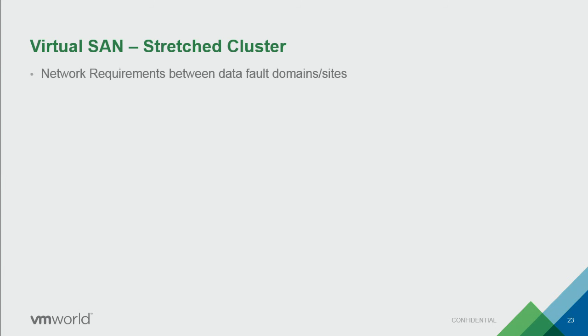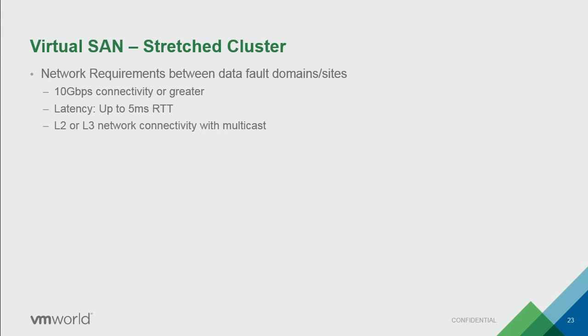There are 2 types of requirements you have to consider. One is between the 2 sites, the nodes, primary and secondary, or the preferred and the secondary, and 10 gig or higher is required. Latency of up to 5 milliseconds round trip is required between the 2 sites. For this, you would do L2 or L3 connectivity with multicast, right?